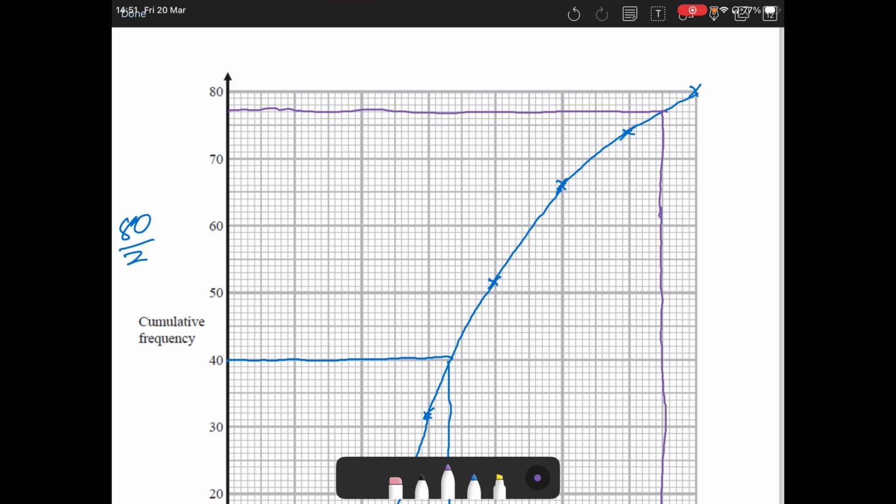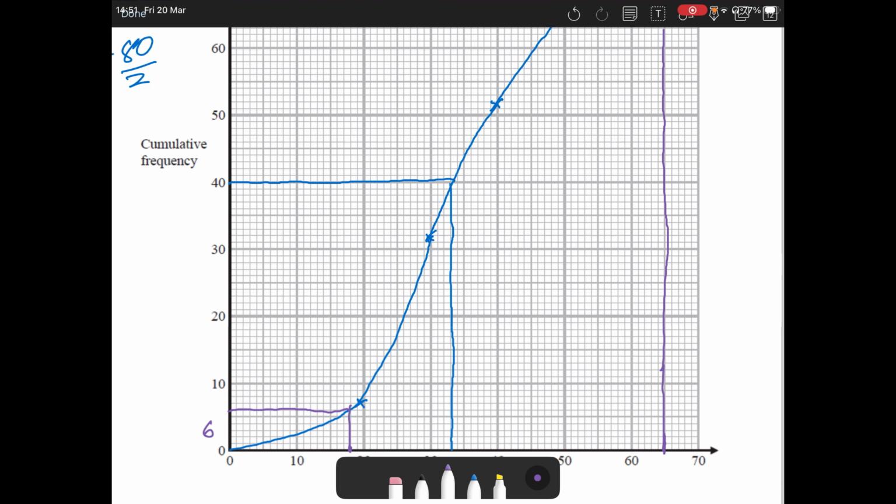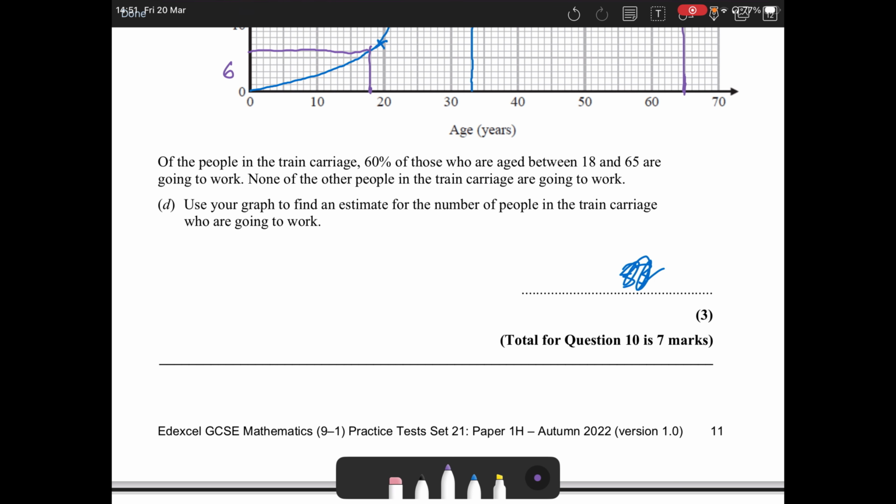Be accurate, what is this? Yeah, there's about 77 people that are 65 or below. There are also 6 18-year-olds and under.